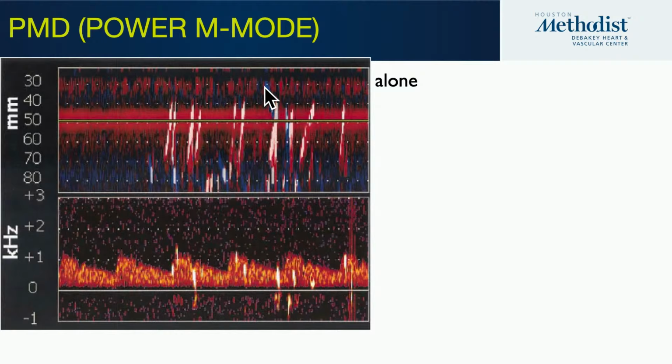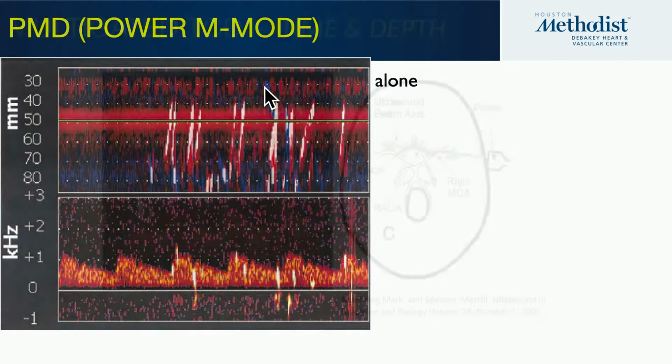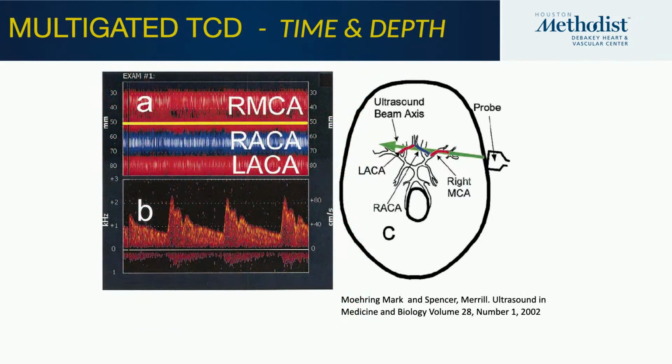So I think this is just fascinating when you have one signal screen, and I'm talking about it for 5 minutes, but that's the beauty, to really understand the speed, the numbers of the emboli, and again, where do they go? So you can pick up all that from that one signal. So this is again Mark Moehring's first publication of 2002 that he showed us, and he developed this M mode for us.